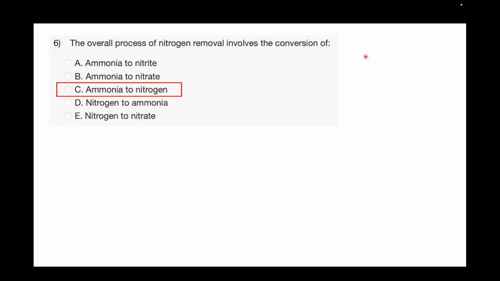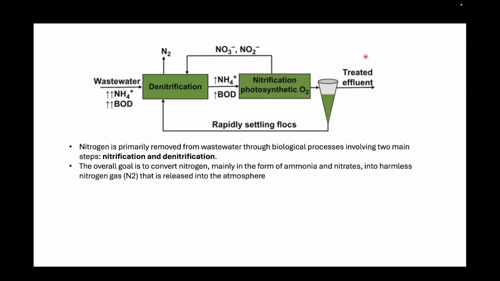Okay, let us understand what happens in the wastewater nitrogen removal process. What is the current status of the wastewater? When the wastewater is being fed into a treatment plant, there is a high level of ammonia and high biochemical oxygen demand, which then has to undergo denitrification first.